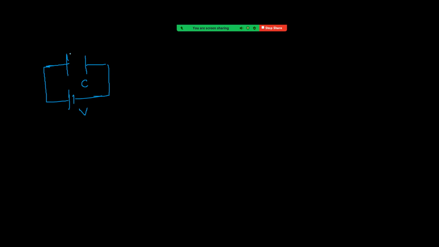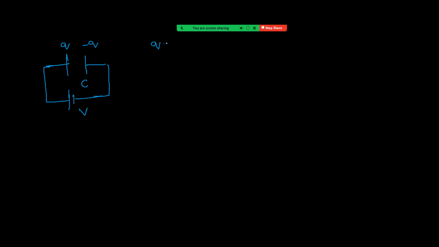Let us take that at one instant the charge on the plates is Q and minus Q. Initially the charge was 0; at one instant the charge is Q, so this is minus Q. Now we can see at this instant the potential difference between them. See how to get the potential difference.